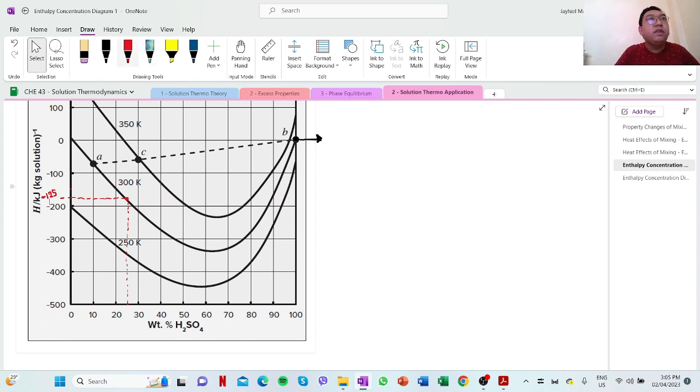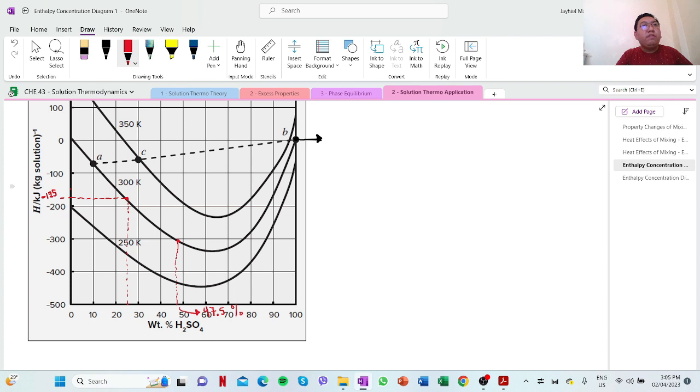But for the purposes of demonstration, I'll just estimate it. So this is 45, so around here, and then I need to extend to 300 Kelvin.